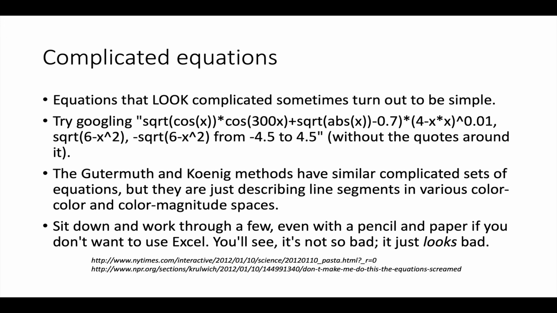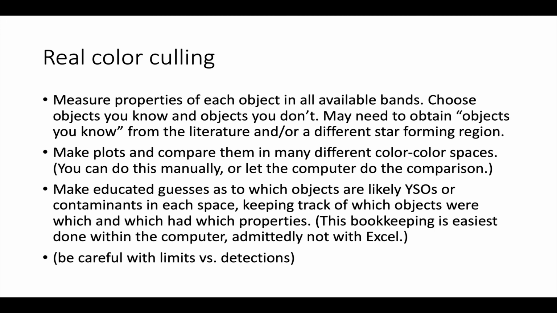It just looks bad. So when you're trying to do this for real, you want to measure the properties of each object in all the possible bands. Then you want to identify objects you understand and objects you don't understand. And if you're studying an entirely new region, the objects you understand might have to come from the literature, meaning like a different star-forming region. Then you can make plots and compare them in many different spaces.